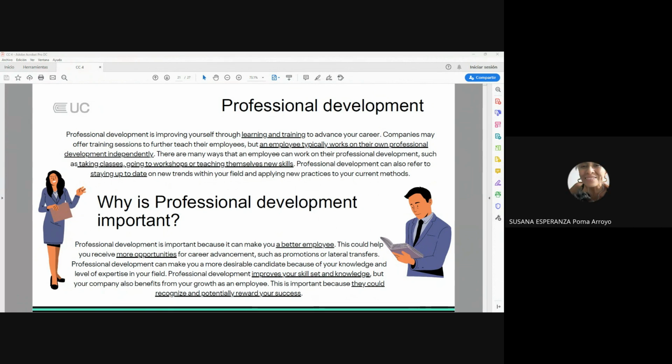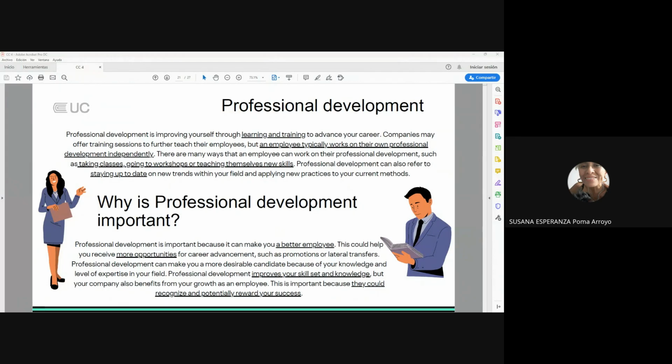Professional development. Professional development is improving yourself through learning and training to advance your career. Companies may offer training sessions to further teach their employees, but an employee typically works on their own professional development independently.